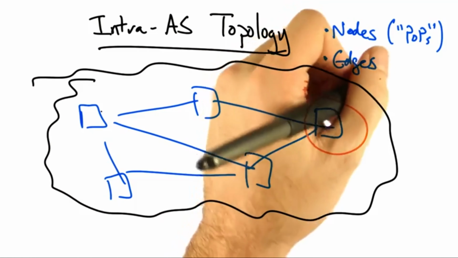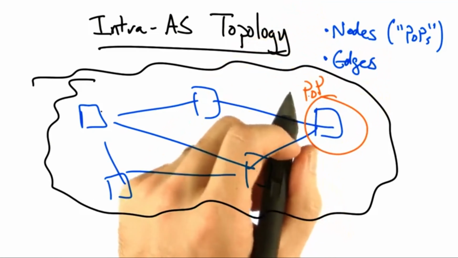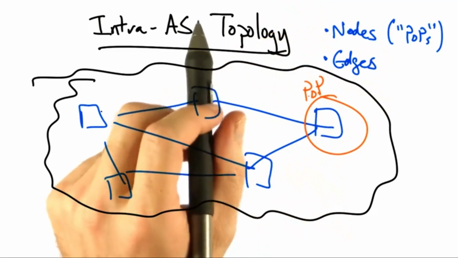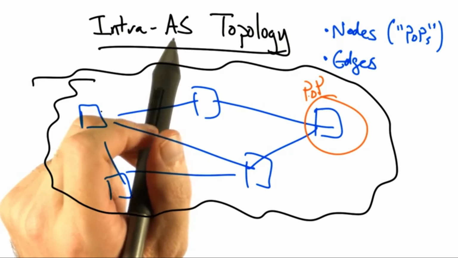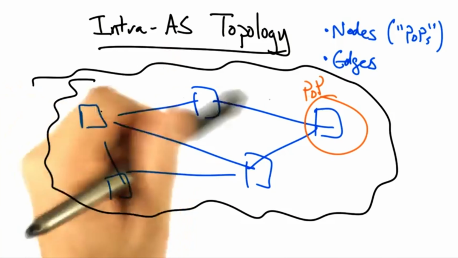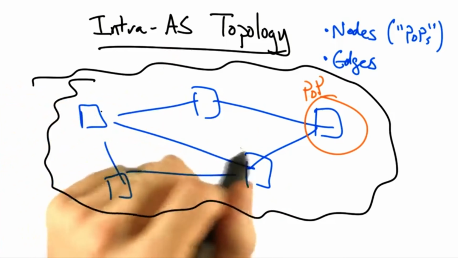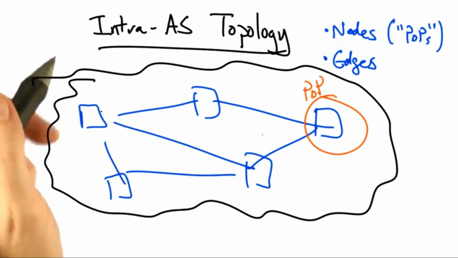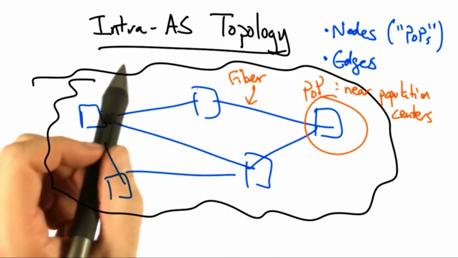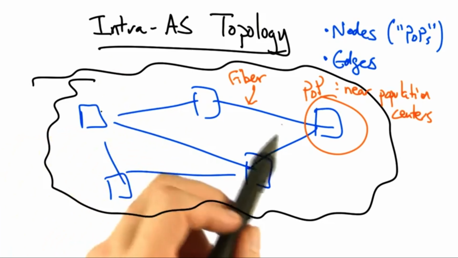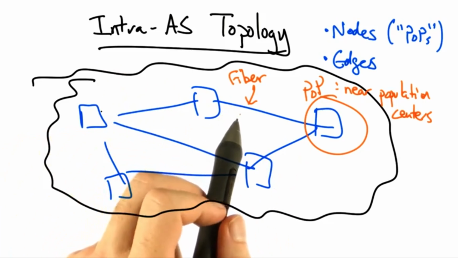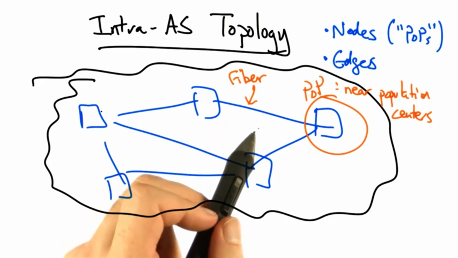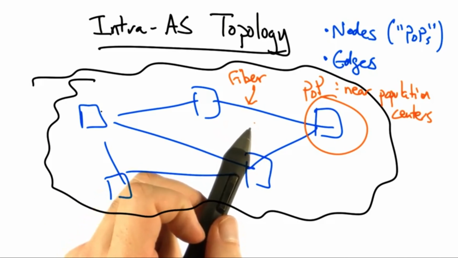A POP is typically located in a dense population center so that it can be close to the POPs of other providers for easier interconnection, and also close to other customers for cheaper backhaul to customers that may be purchasing connectivity from this particular AS. The edges between POPs are typically constrained by the location of fiber paths, which, for the sake of convenience, typically parallel major transportation routes, such as railroads and highways.